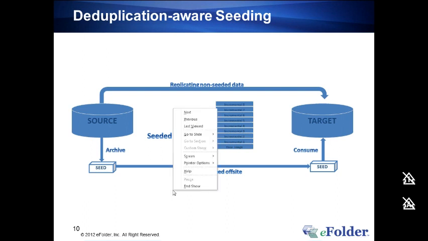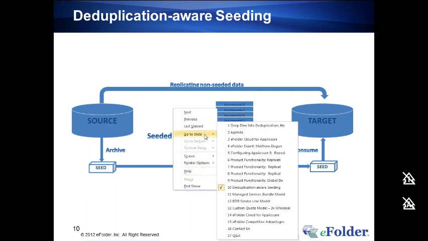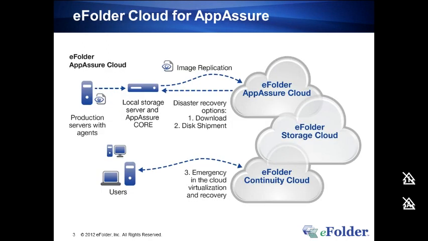If I just maybe back up, because a picture tells 1,000 words, but let me go to here, and then I'll fast forward again. Basically, eFolder is running like a monster AppAssure environment with target cores for each one of our MSPs, and then we logically attach our storage cloud to each one of those target cores.